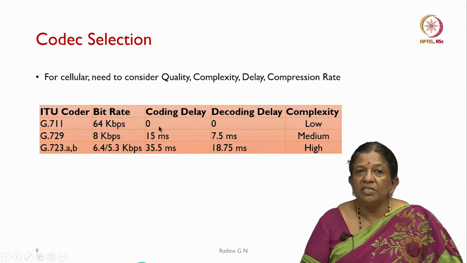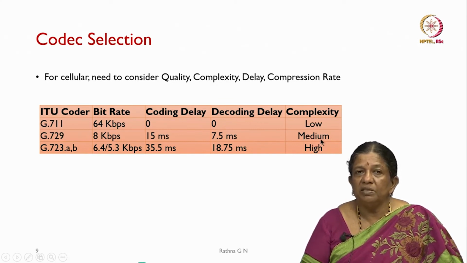In this case the coding delay is 0 and the decoding delay is 0, but the complexity of this is low. Whereas G.729 has 8 kilobits per second, the coding delay is 15 milliseconds and the decoding delay is 7.5 milliseconds, and the complexity of the codec is medium in this case.